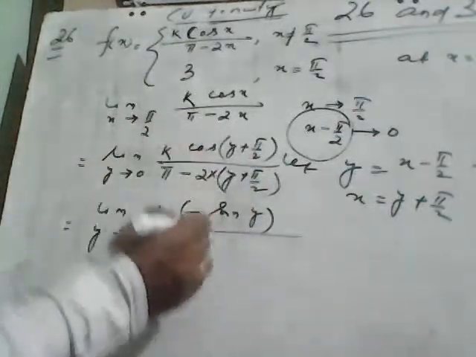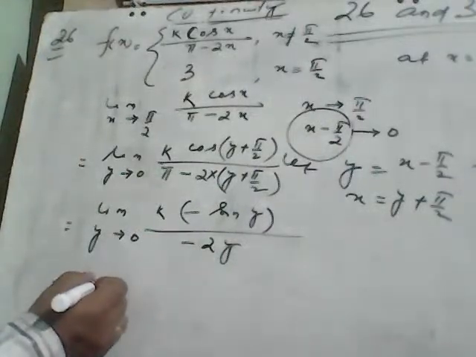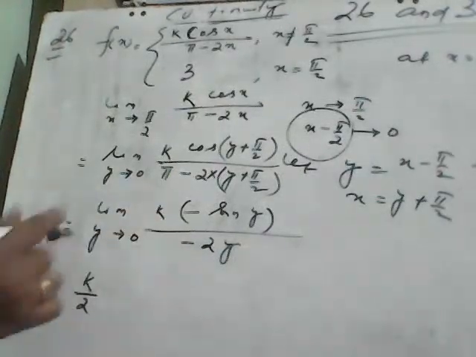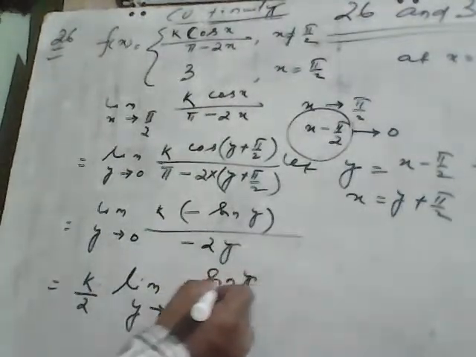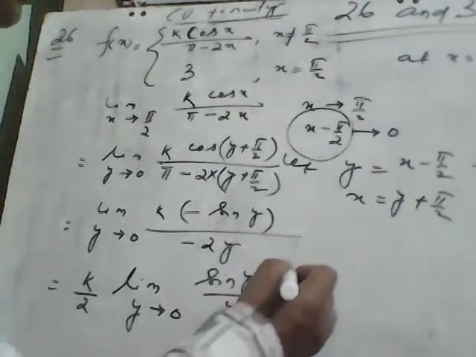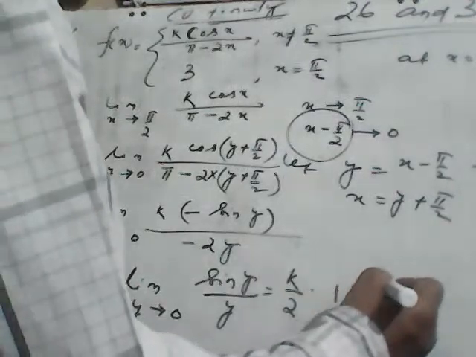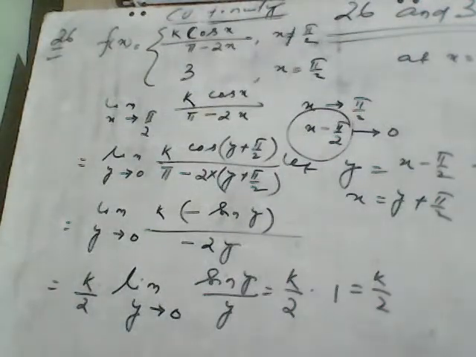So pi minus pi cancels, it is minus 2y. Now the minus cancels. The next step: k by 2 is a constant, write k and 2 outside. Limit y approaches 0, sin y by y. So the result is k by 2 into 1. The final answer of our limit is k by 2.